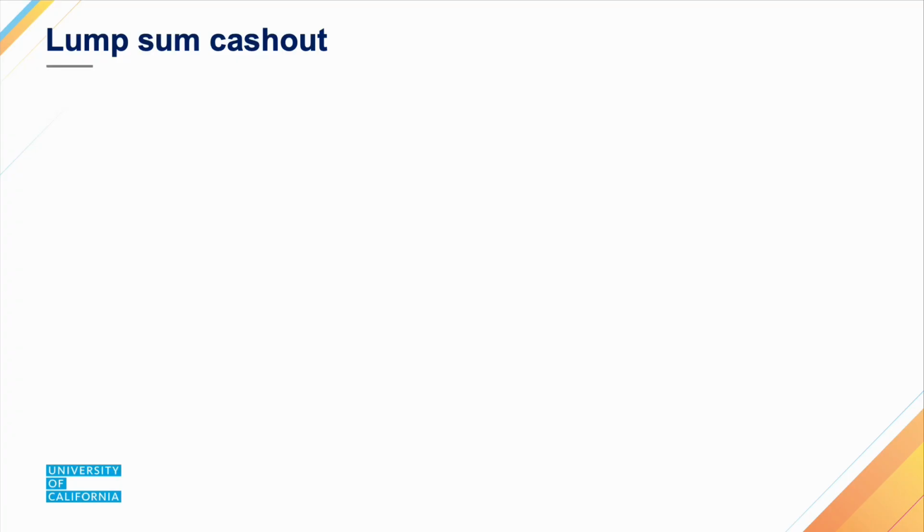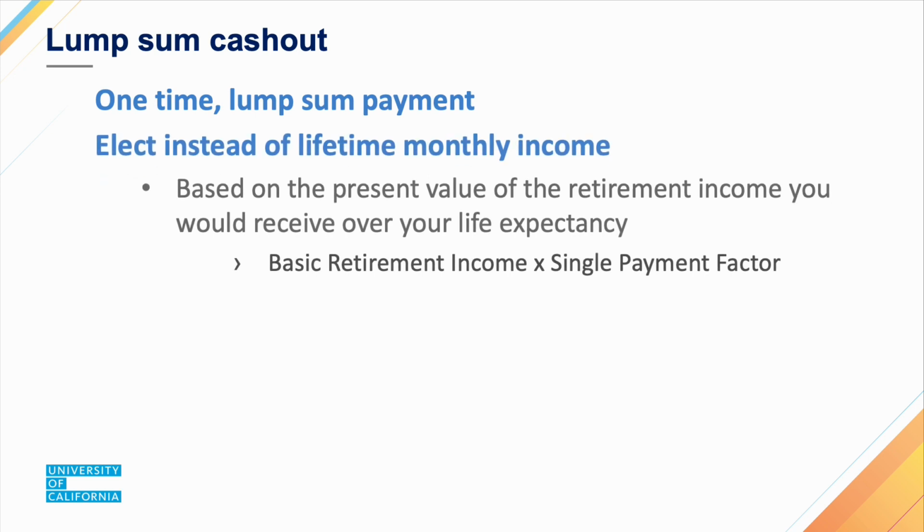So the lump sum cash out is a one-time lump sum payment in lieu of monthly income. It's based on the present value of the basic retirement income that you would have received over your life expectancy. Included in that calculation are any assumed cost of living adjustments in the projection.